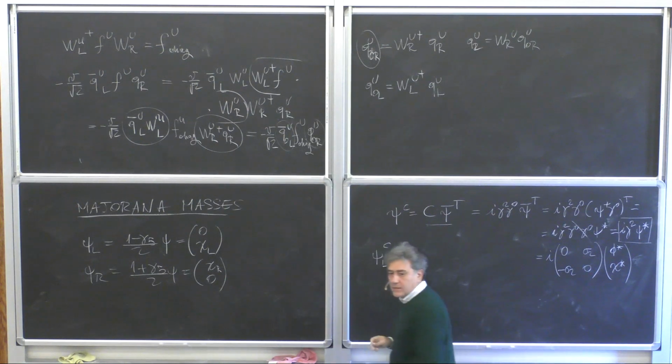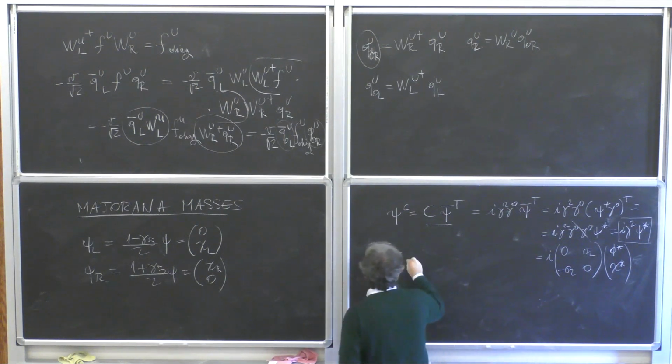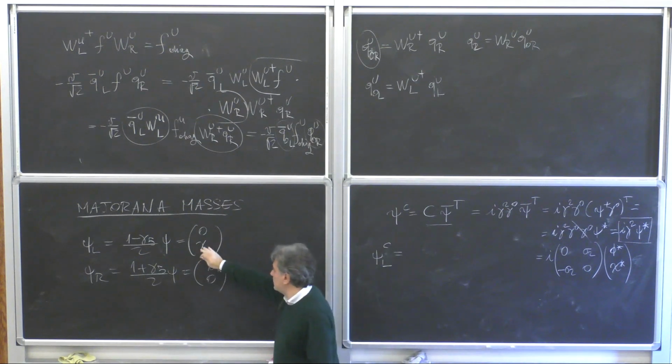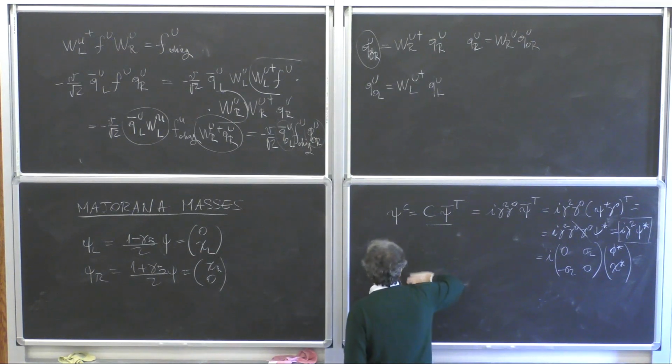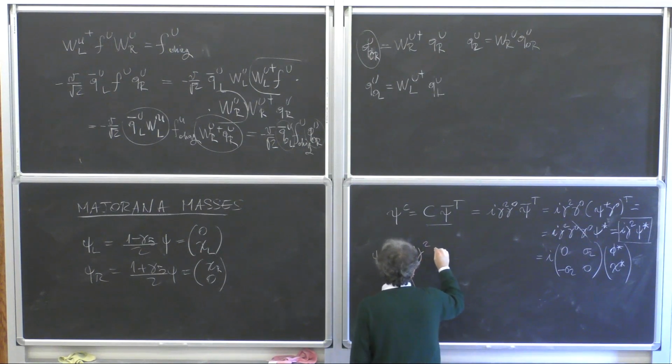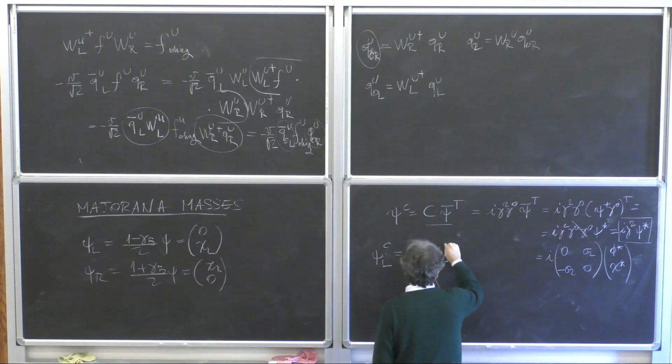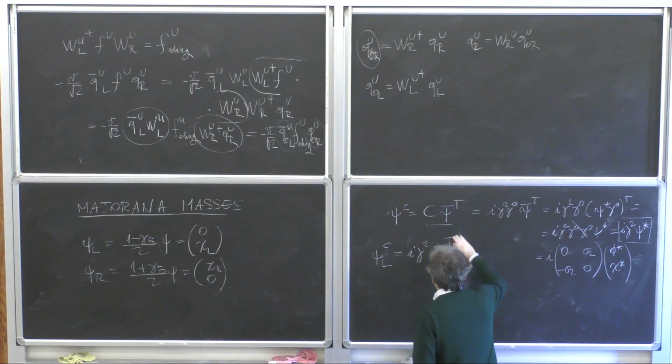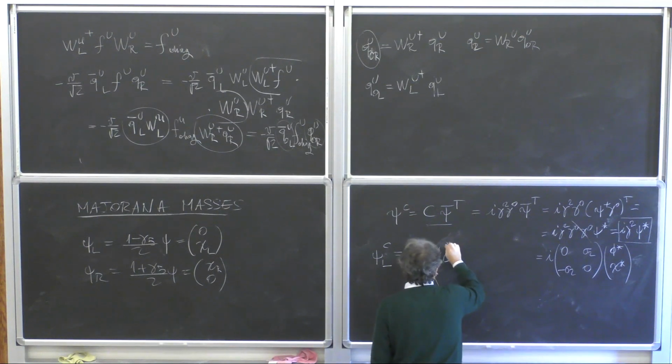Take the left part: i gamma 2 psi left star.